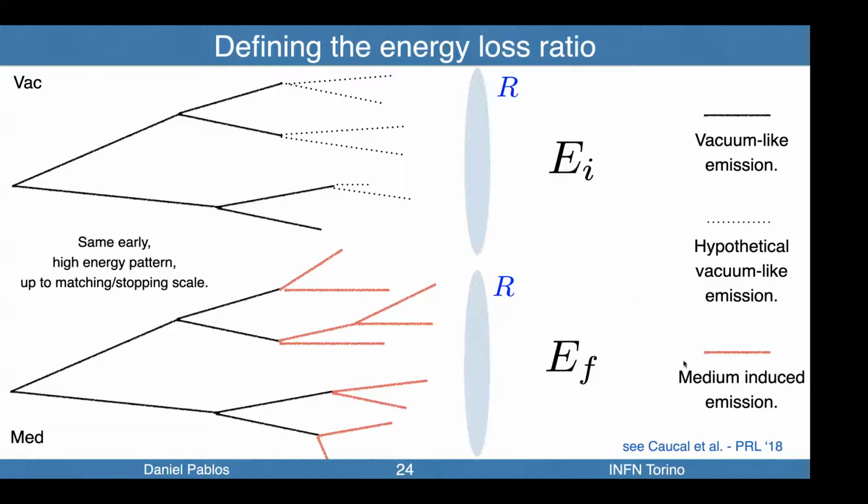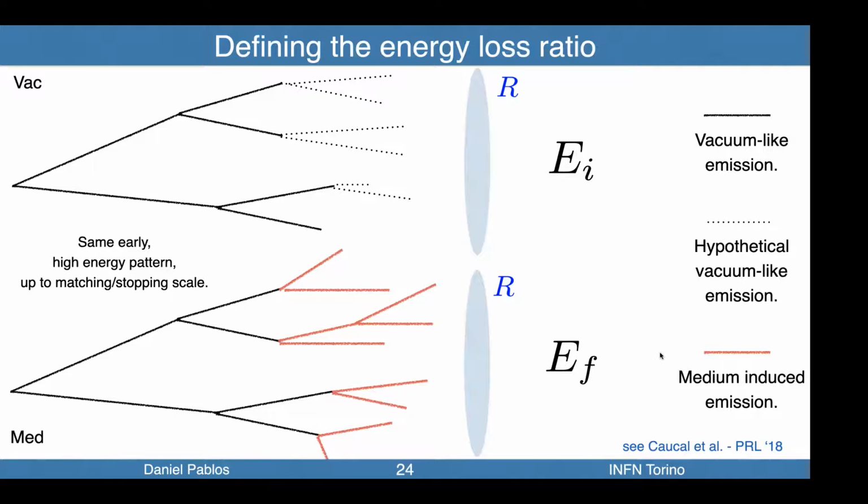This presence of a vacuum-like shower inside the medium is well motivated from a theoretical point of view, based not only on the separation of scales between high virtuality and the q hat of the medium, but also on formation time arguments.